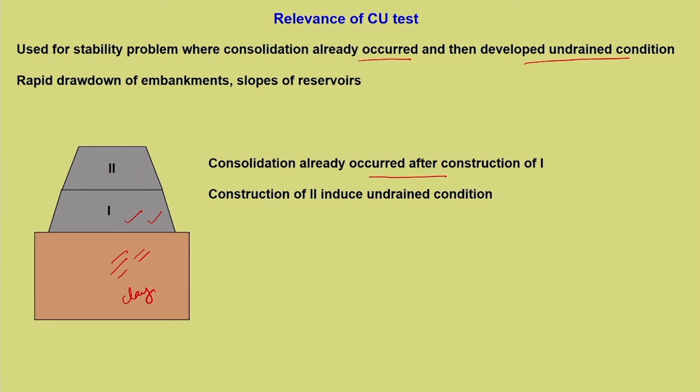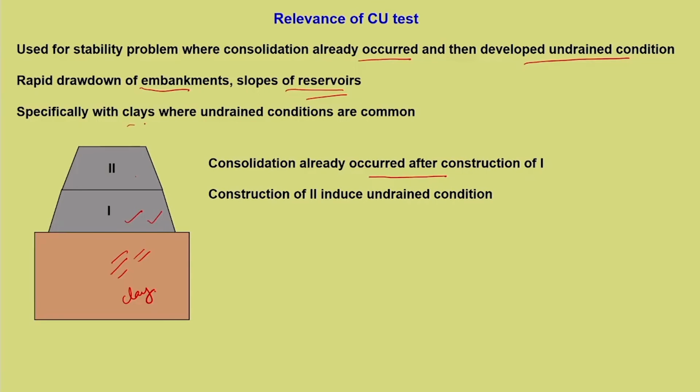Some other conditions are rapid drawdown of embankments and slopes of reservoirs. Now, when there is full water and then a rapid drawdown happens, that induces more effective stress, and this additional effective stress is going to cause an undrained condition within the core of the dam. I am not going into the details of it.